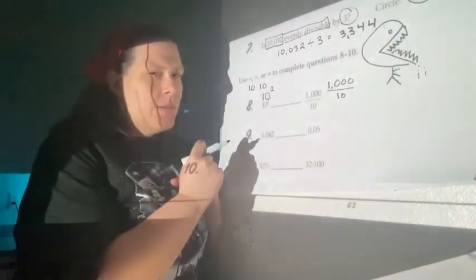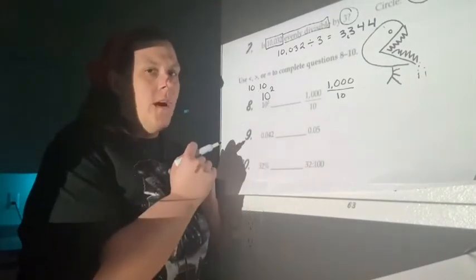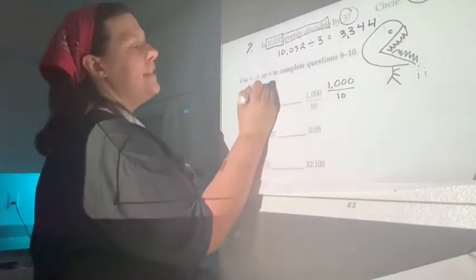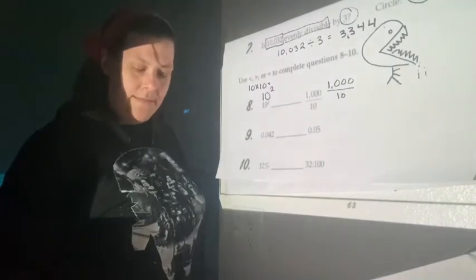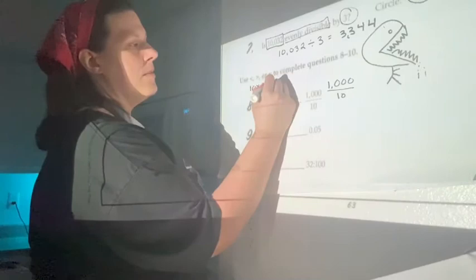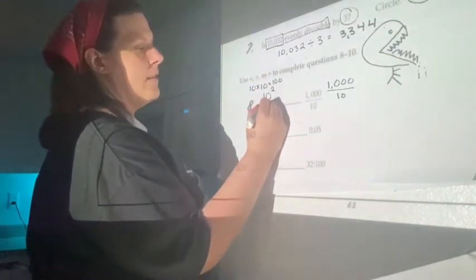Add, subtract, multiply, or divide? You got it. Multiply. So 10 times 10, if we put it in our Photomath, equals 100. So this side is 100 now.